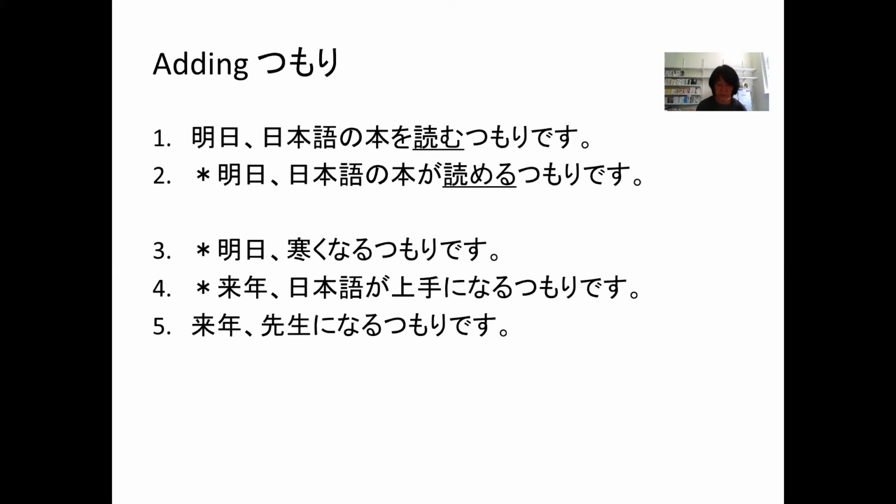Because of this meaning, potential verbs such as yomeru, which means to be able to read, may not be used before tsumori, as shown in sentence 2. Of the 3 example sentences with naru, only sentence 5 is acceptable as a grammatical sentence because it is not possible to control the actions referred to in sentences 3 and 4.